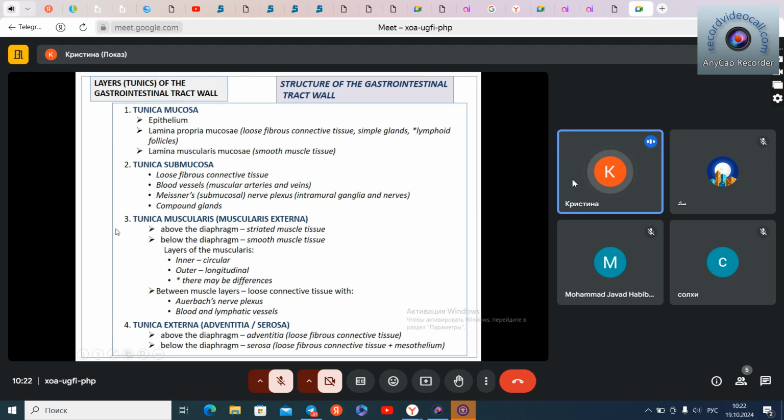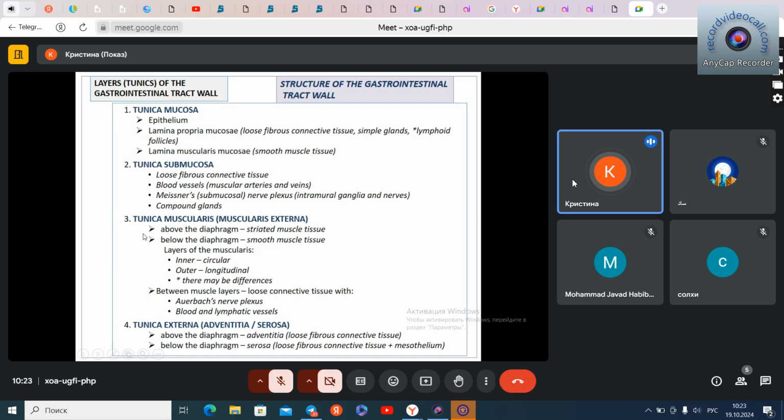The third layer is called tunica muscularis or muscularis externa. Usually it contains two layers, but in the stomach it contains three layers. And the type of muscle tissue is different in different parts of the gastrointestinal tract.